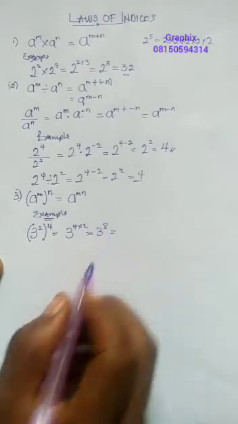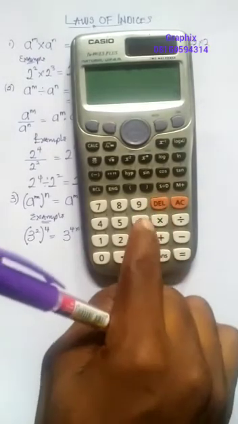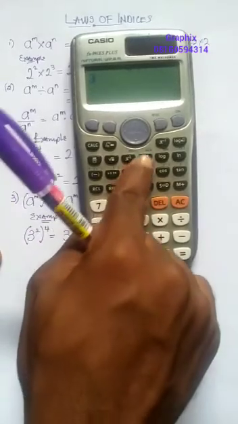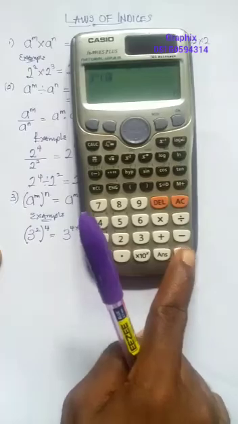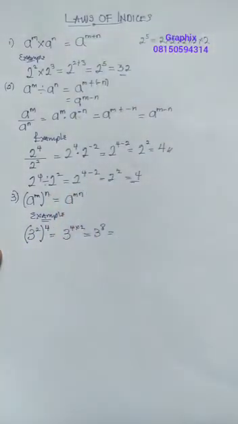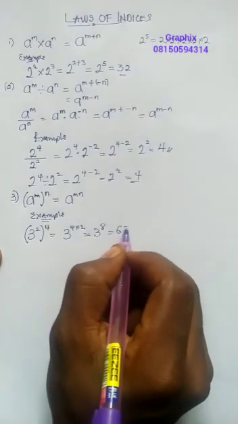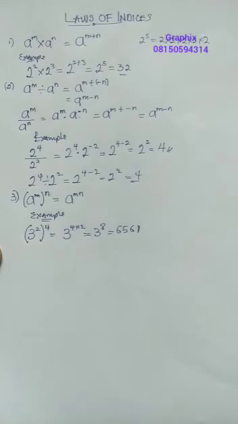So when you punch your calculator, you have the value for 3 raised to power 8, and that will give me 6561. Are we good?